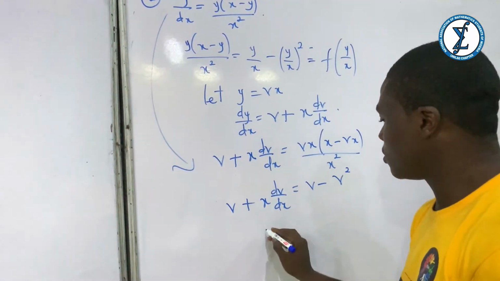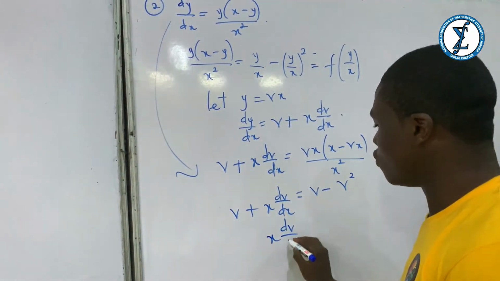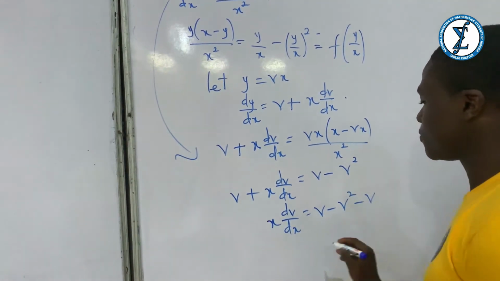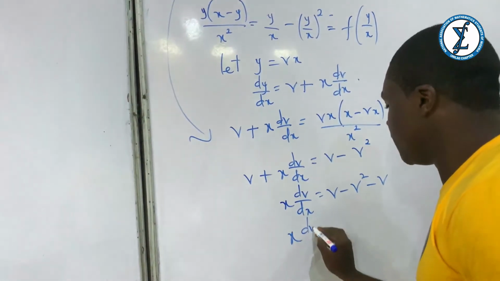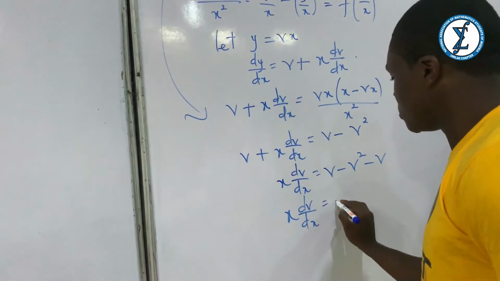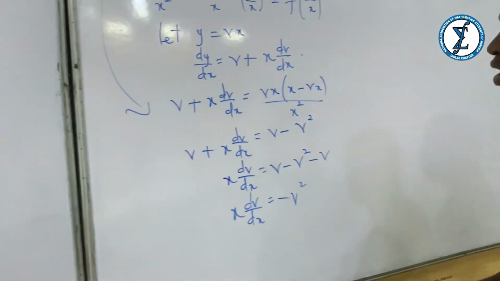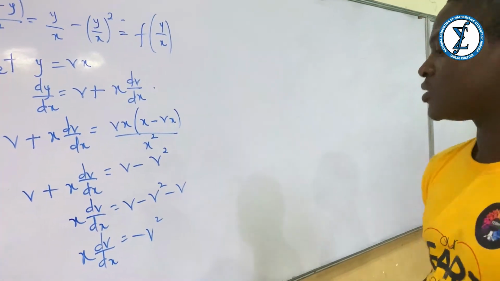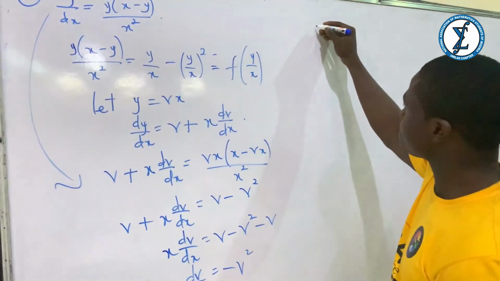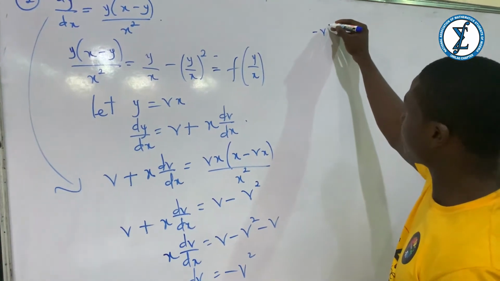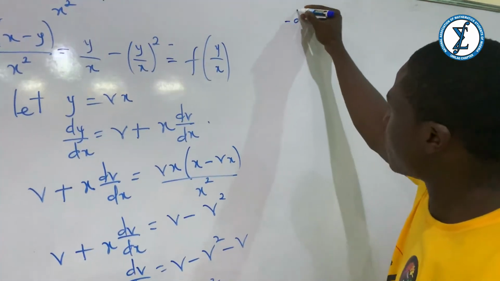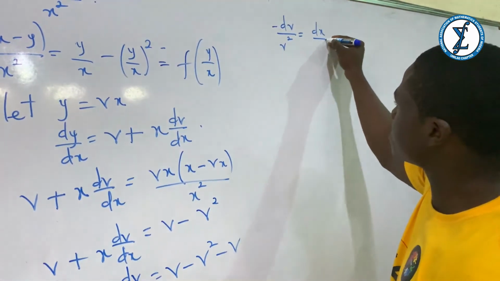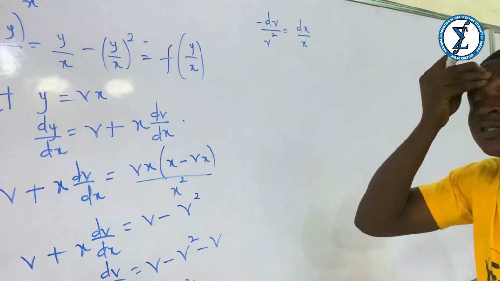You have x dv/dx equal to v minus v squared minus v. So x dv/dx is minus v squared. And this is variable separable. What do we do? We separate all v from all x. So we have minus dv over v squared equal to dx over x.